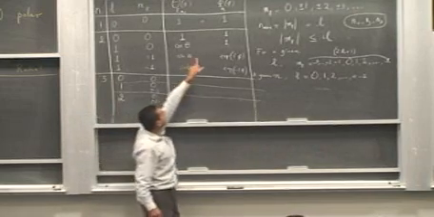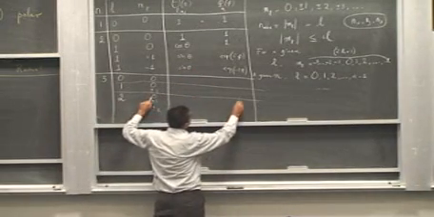You can quite easily write the azimuthal part. The azimuthal part here is 1.